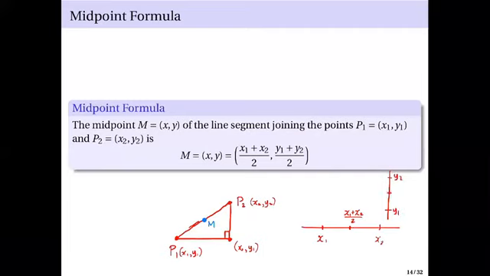So you get the middle of the x part, you also get the middle of the y part, then you combine that. That's your midpoint for the 2 points P1 and P2. The middle for the x is x1 plus x2 over 2, this guy here. And for the y, you have y1 plus y2 over 2, this guy here.